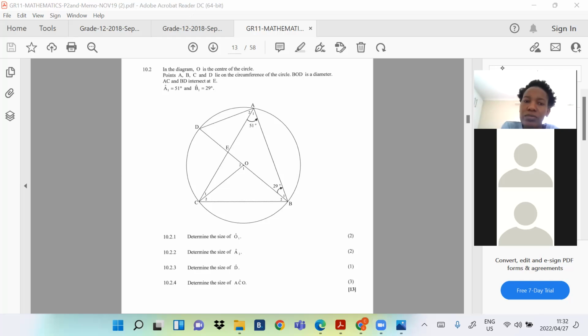Cool, Phil. If O is the center, which theorem talks about the center? The theorem that says the angle at the center is twice the angle at the circumference. So which angle do you have at the center? We have O2 and O1. Okay, O1 is angle at the center. And which angle is subtended by the same arc which subtends O1 at the circumference?